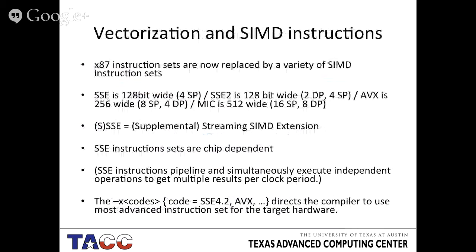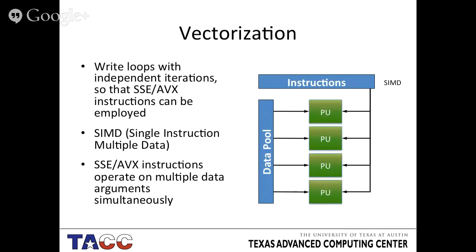Otherwise, you're going to be leaving between 3/4 and almost 90% of your possible flops out of the equation when you compile your code, depending on whether you run on the host CPU or on the Phi processor. This is just an image to reiterate what I just mentioned. With SIMD or vector instructions, what you have is a single instruction that is executed on 4 or more processing units simultaneously on different pieces of data.